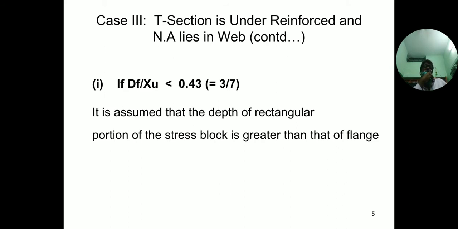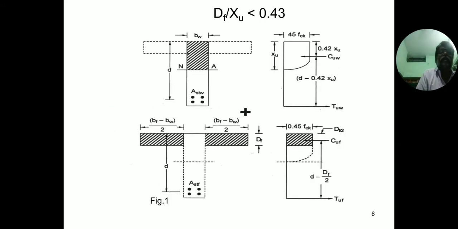It is assumed that the depth of rectangular portion of the stress block is greater than that of flange.